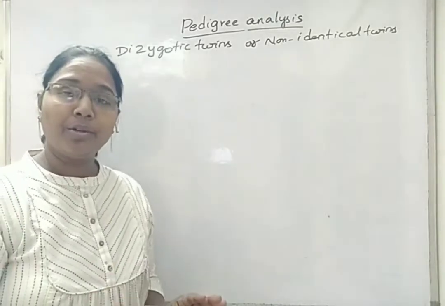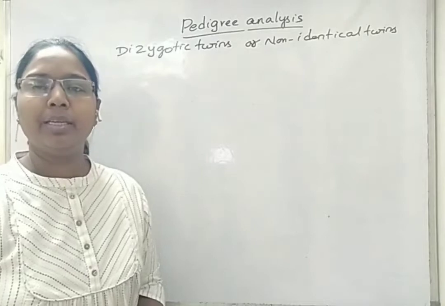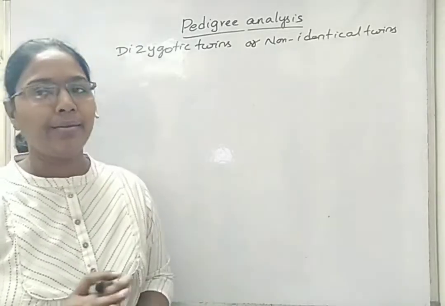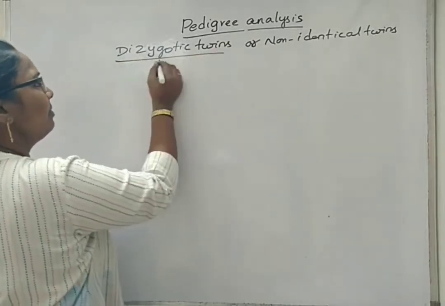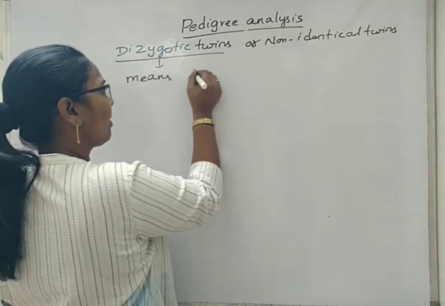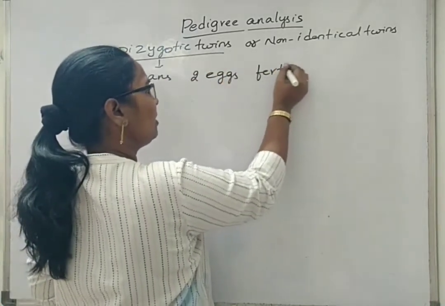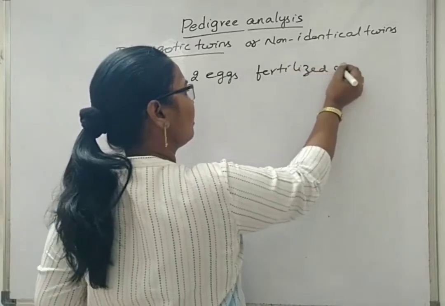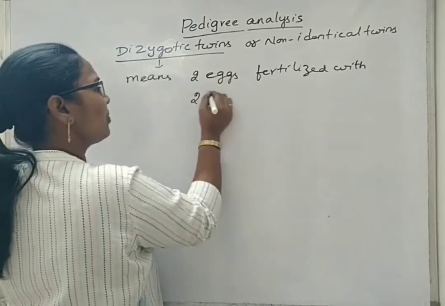Either the two offsprings can be female, or two can be male, or it can be one female and one male baby. It means two eggs fertilized with two sperms.